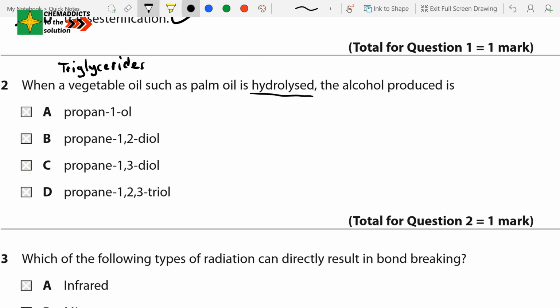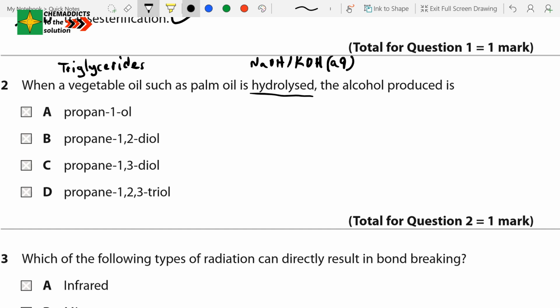We mainly use sodium hydroxide or potassium hydroxide, aqueous sodium hydroxide or potassium hydroxide in aqueous solution. So here we do the alkaline hydrolysis of vegetable oil, which is mainly triglycerides. Then we get alcohol and a salt.